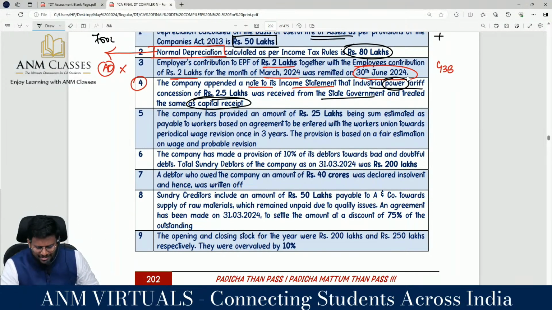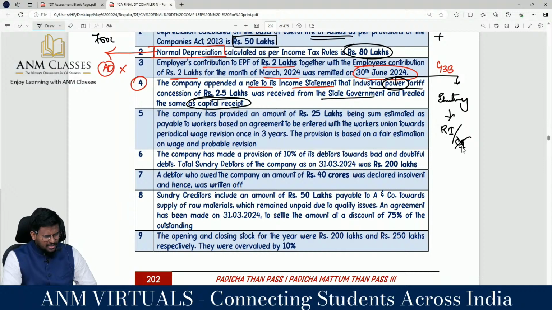Industrial power tariff relates to electricity, which means it's a revenue item, not a capital item. Correct? What is the Income Tax Act saying? The Income Tax Act says that even a government grant should be treated as income.